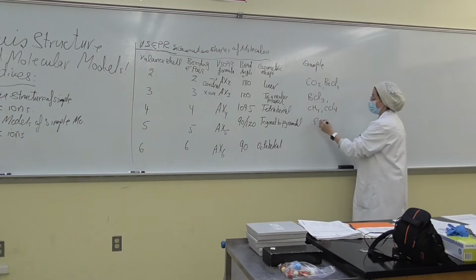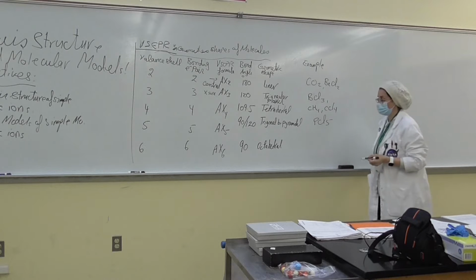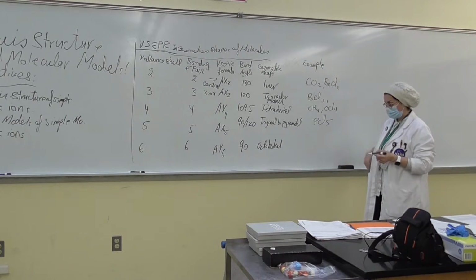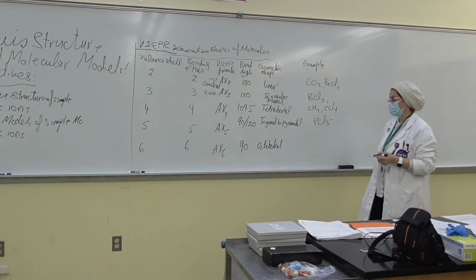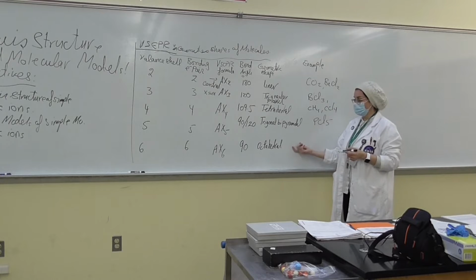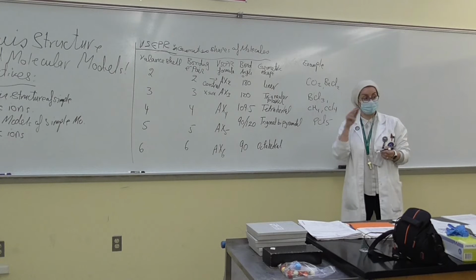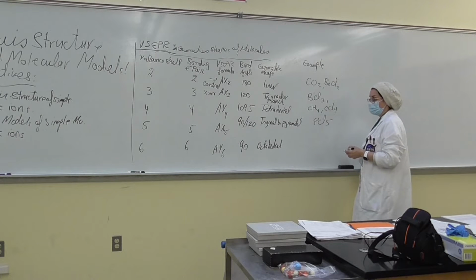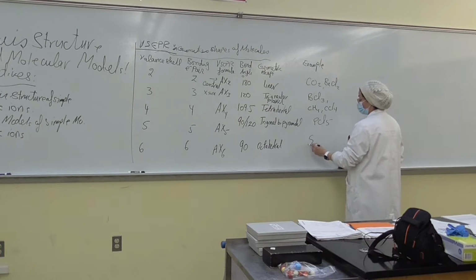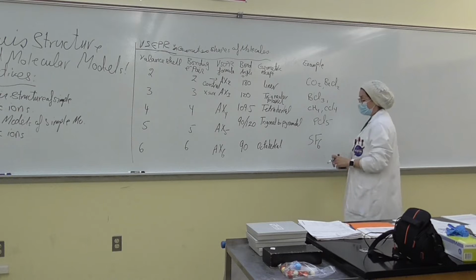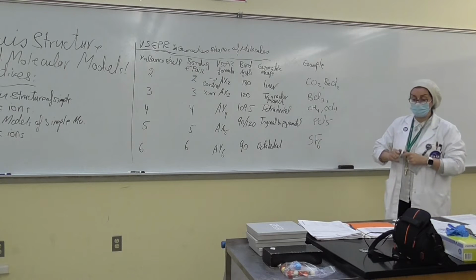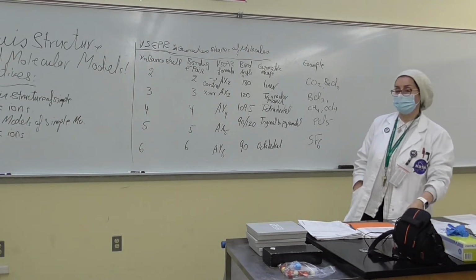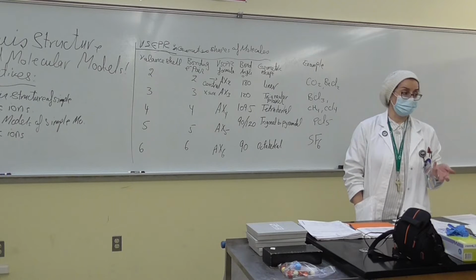PCl5. Now, when we have 6 surrounding the central atom, it is octahedral, like SF6. So these are examples, and they are giving you more examples of these kinds.